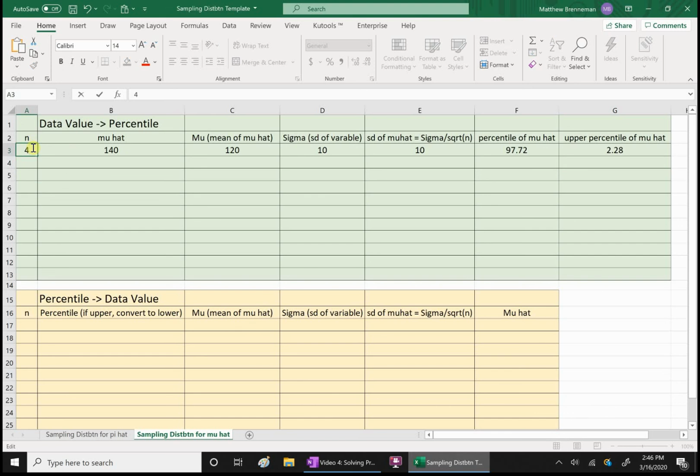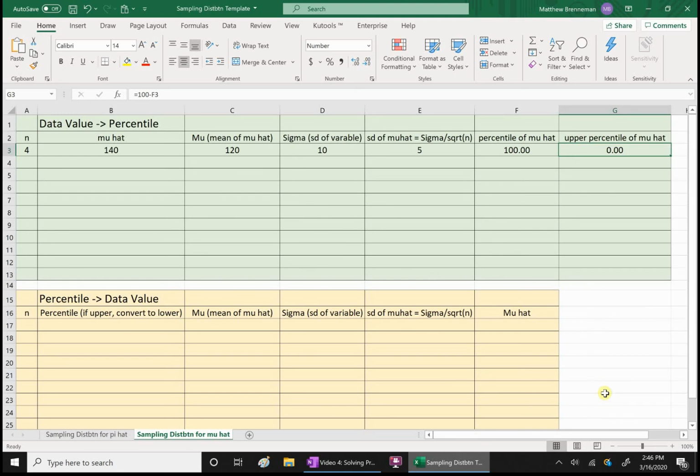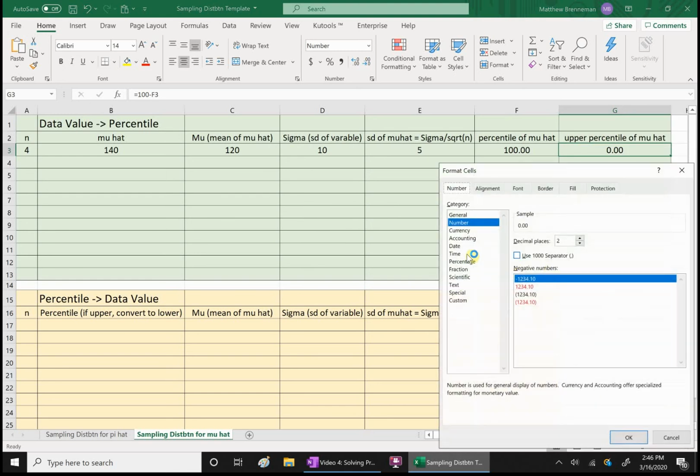Notice that the value I want the percentile of is the same. The mean is the same. The standard deviation of the variable is the same. The standard deviation of mu hat is going to automatically change when I change this, and everything else will change too. And notice this value is really small, okay? It isn't 0, but it's a very, very small value.